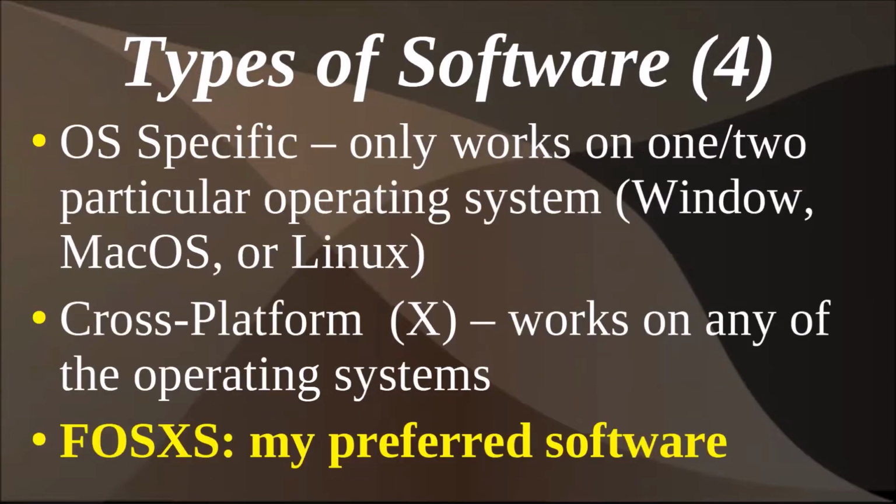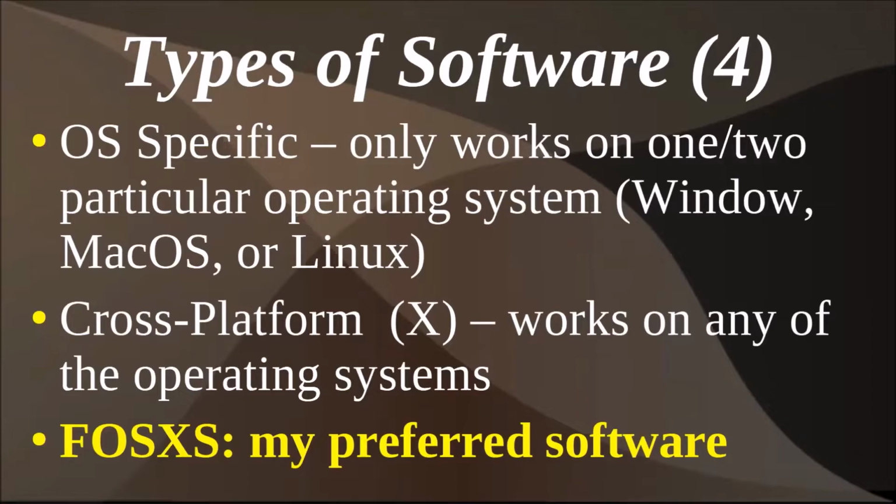One last thing, when you talk about software, we do have some software that's specific for an OS. It only works on one or two particular operating systems. But we have a lot of people that go to the trouble to make one that's cross-platform, works on any operating system, whether it's Windows, Mac, Linux, smartphones, tablets, all that stuff.